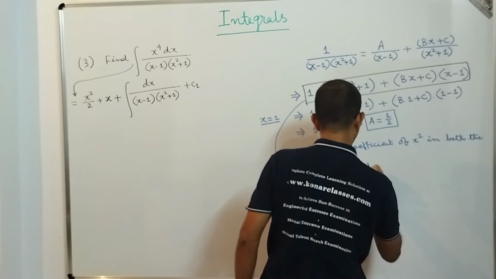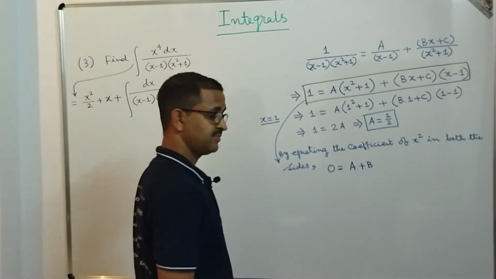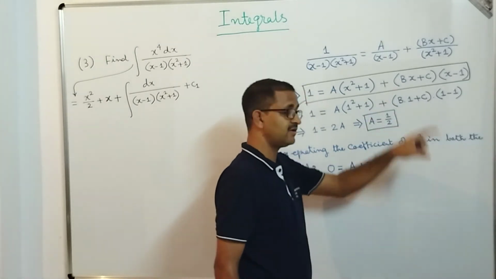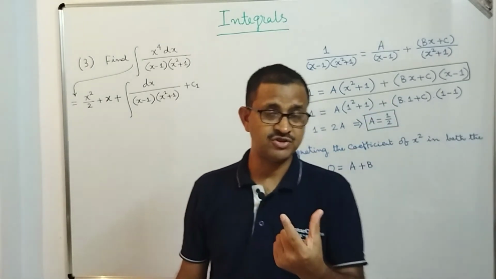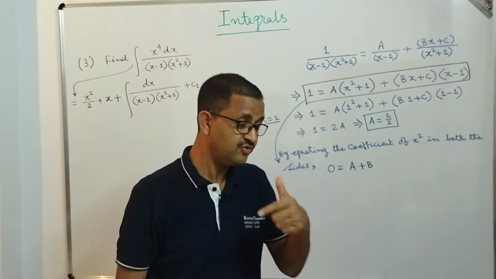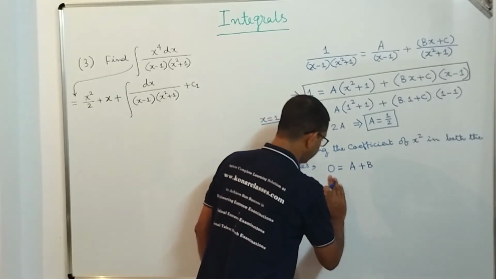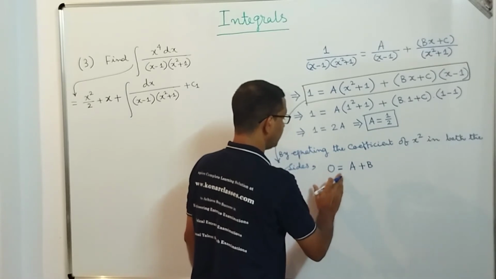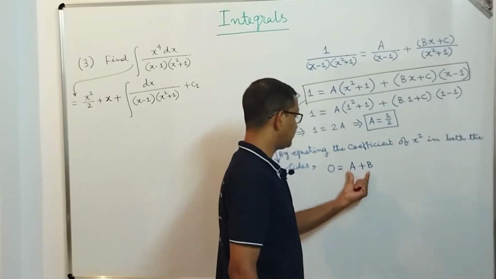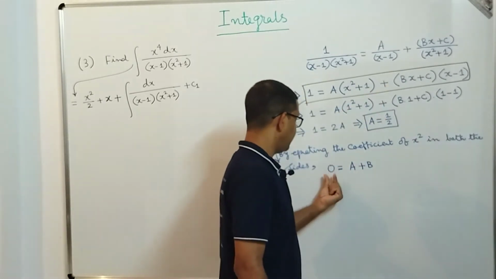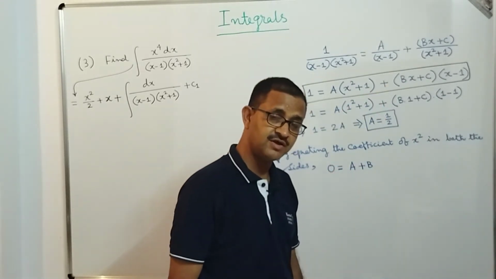So 0 is equal to A plus B. Apart from A plus B, there is no other real value possible for the coefficient of x square. So what is observed is that 0 is equal to A plus B, because A plus B is the coefficient of x square in the right hand side, and in the left hand side the coefficient of x square is 0.